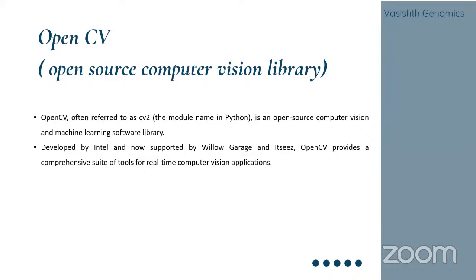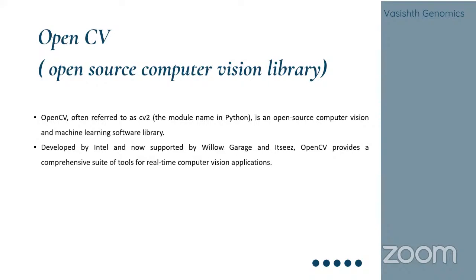OpenCV is one of the most widely used open source software, the open source computer vision library. It is often referred to as CV2, which is the module name in Python, an open source computer vision and machine learning software.